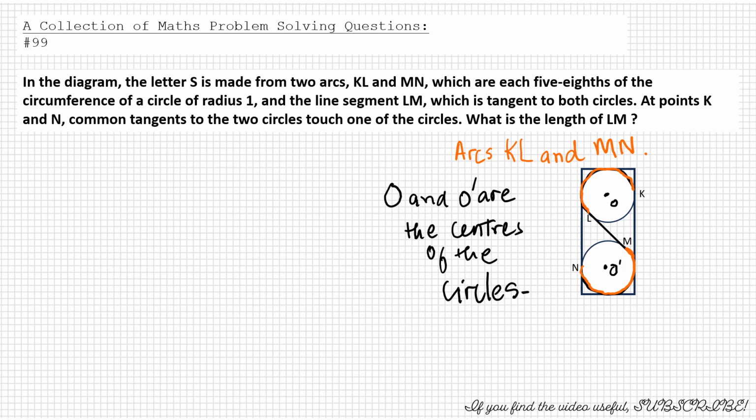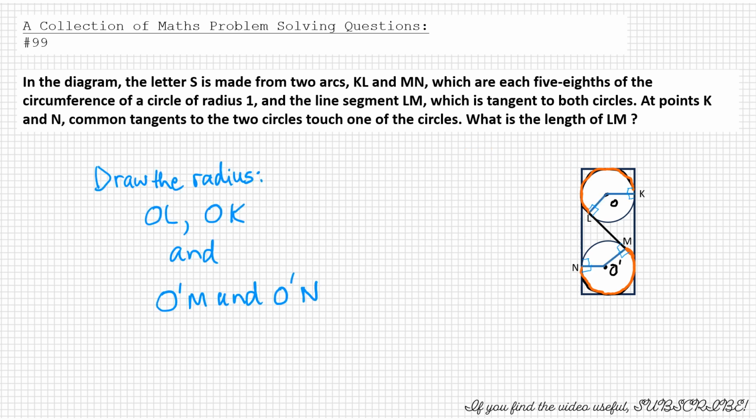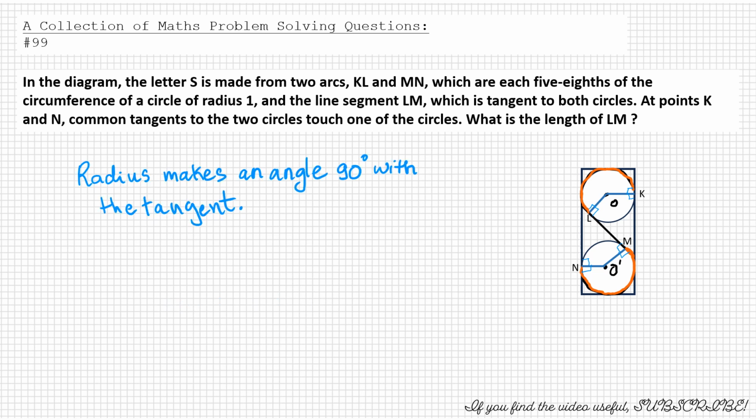And we mark two points here, O and O dashed, which are the centers of the circles. The next thing is I draw the radii. So OL, OK, O dashed M, and O dashed N are the radii. The next thing we note is that a radius makes an angle of 90 degrees with the tangent.